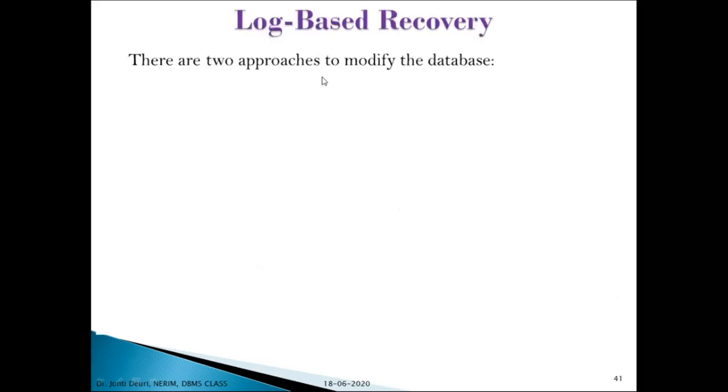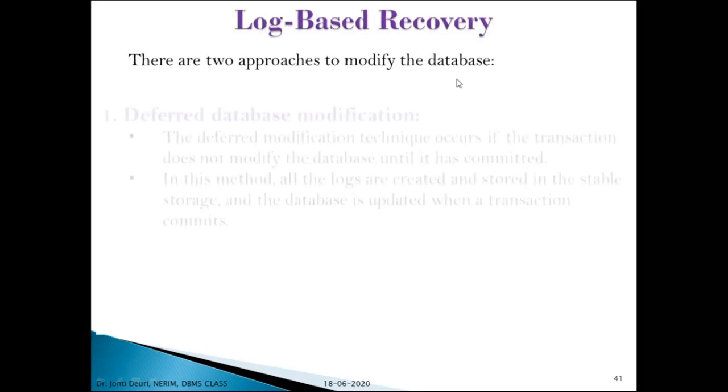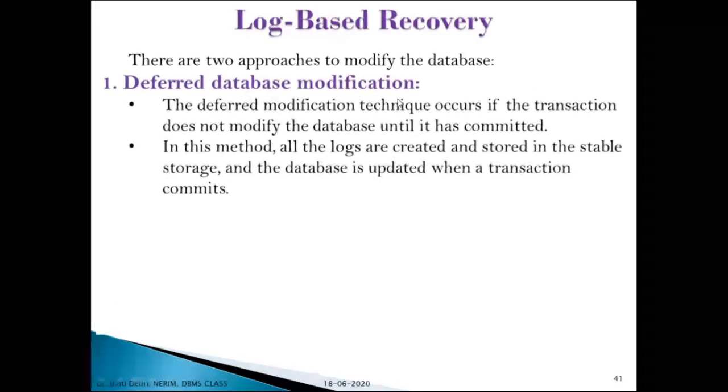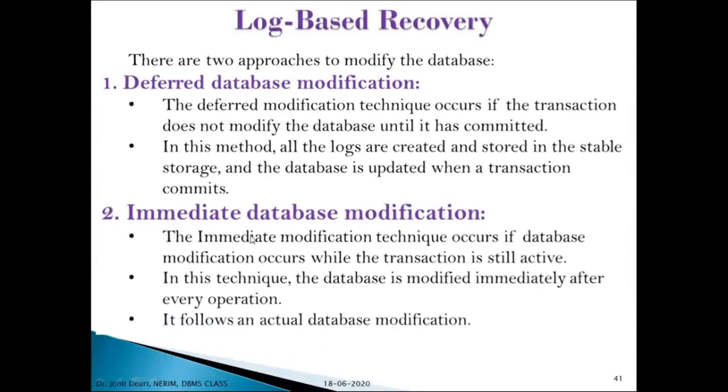There are two approaches to modify the database: deferred database modification and immediate database modification. In deferred modification, once we have done all the operations of our transaction, at the end, when we get the commit operation, only at that time is it updated in our database.